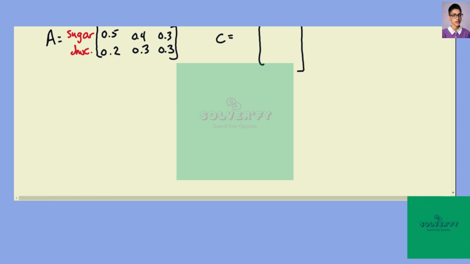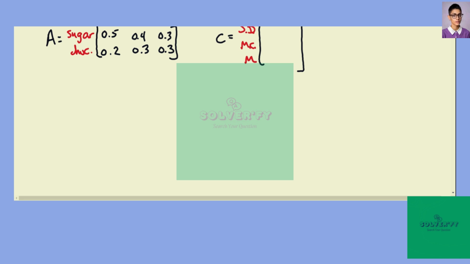Down the side, these are going to be our 3 cities. And again, I'm going to abbreviate. We've got San Diego, Mexico City, and Managua. So those are our 3 cities.